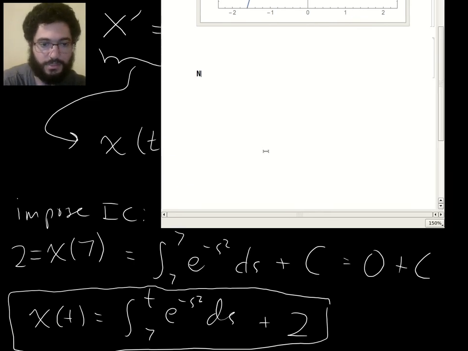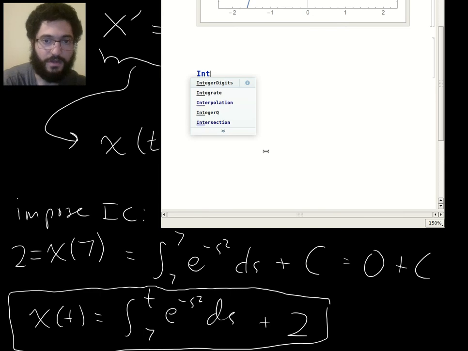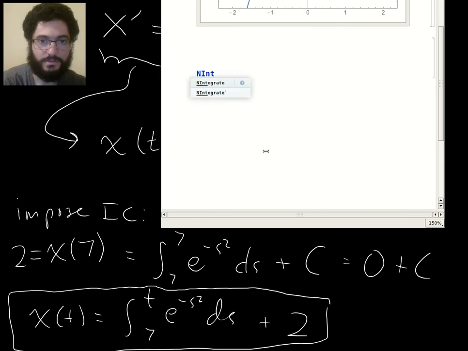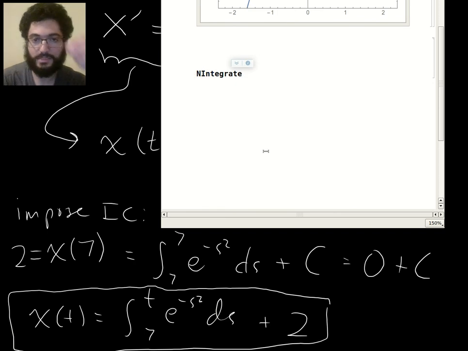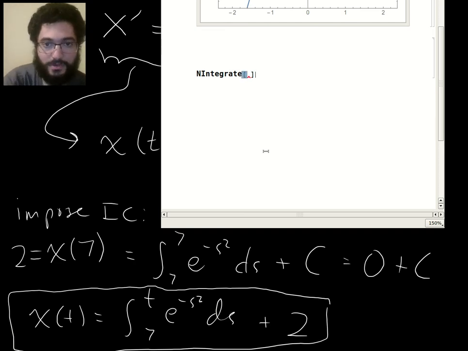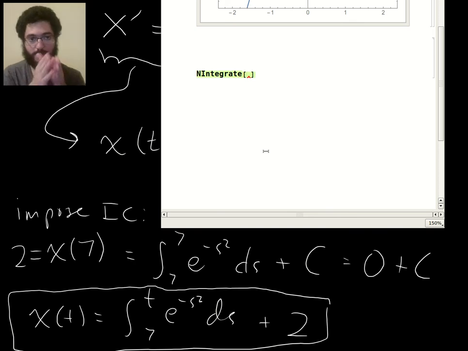If I use NIntegrate, that does numerical integration. If you ask Mathematica to integrate, it will attempt to find some antiderivative. But if you say NIntegrate, it will just compute the area under the curve, adding up a bunch of rectangles or whatever algorithm it uses.